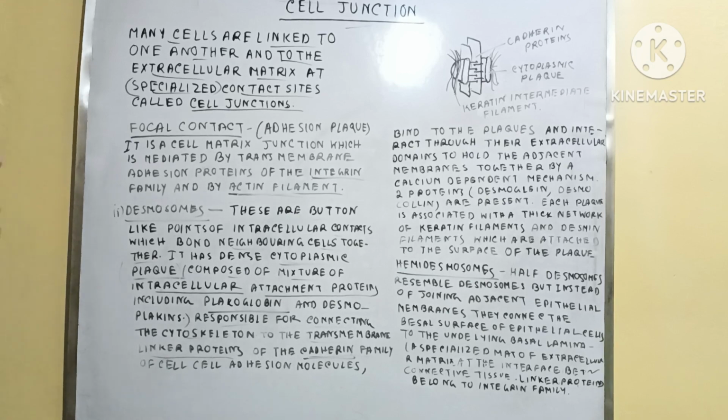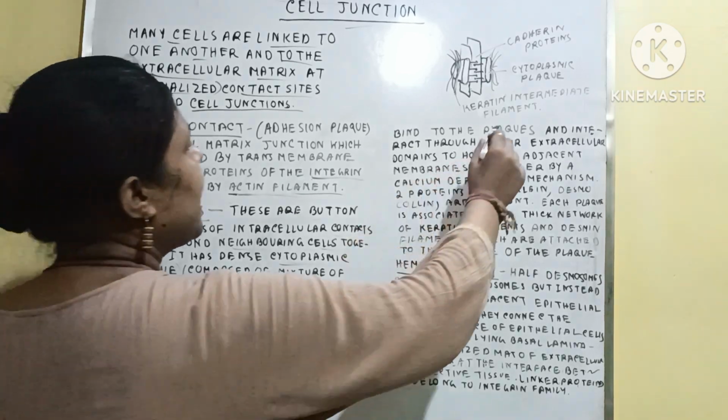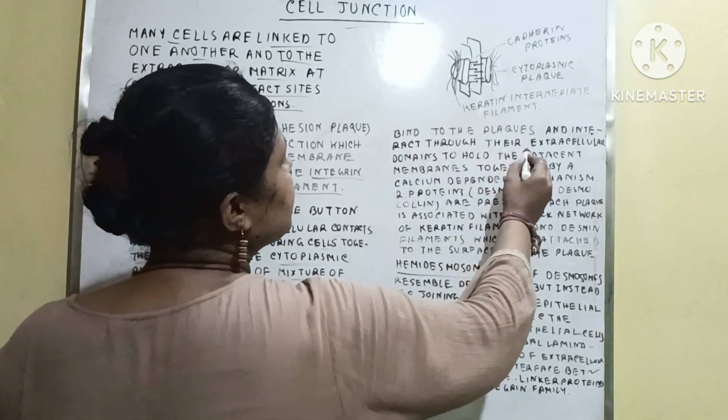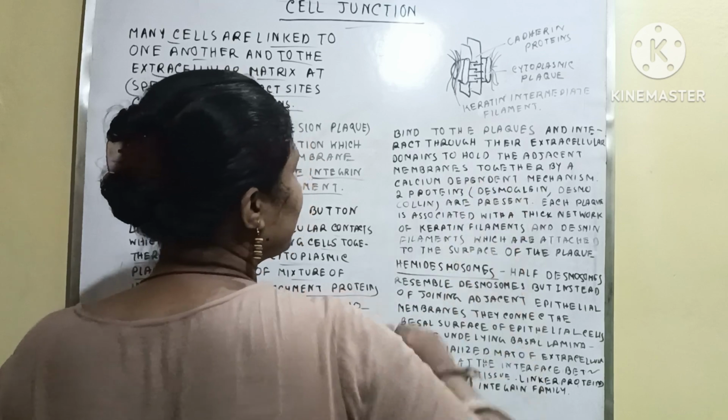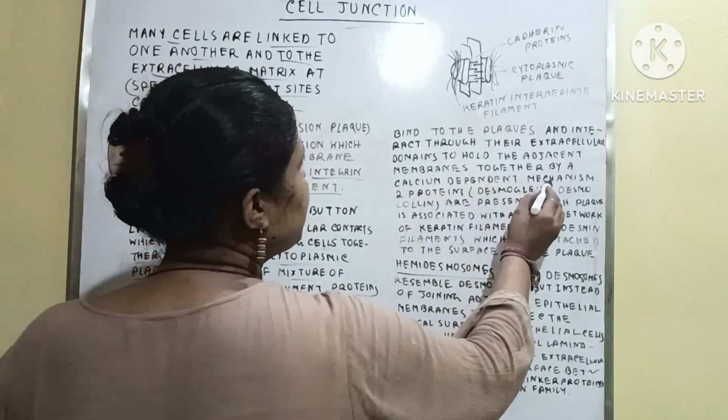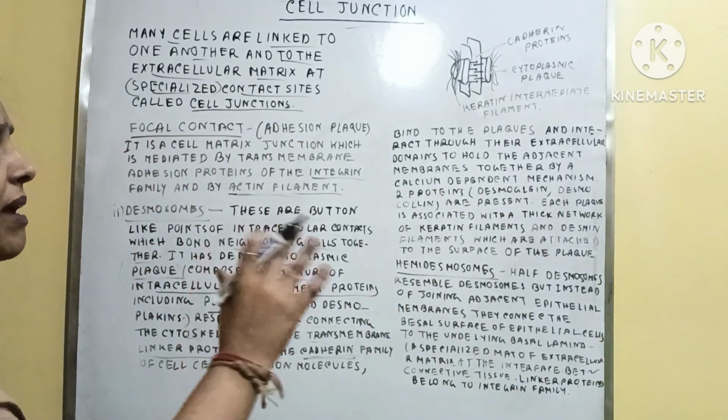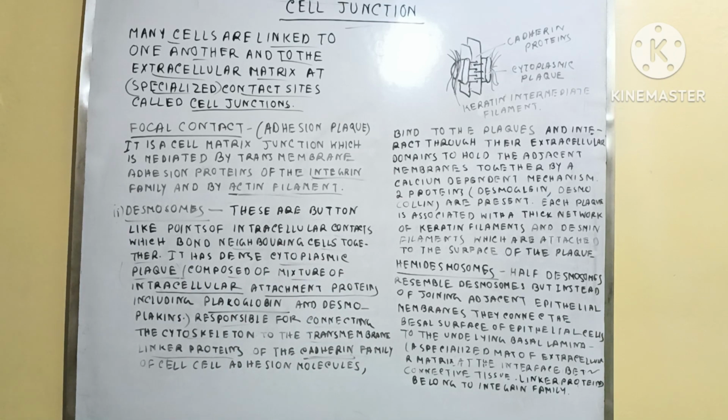And next to the plaque, these proteins bind the plaque and they interact through their extracellular domains to hold the adjacent membranes together by a calcium dependent mechanism. Here the membranes are cell membranes.